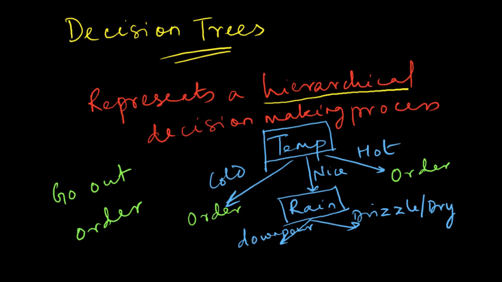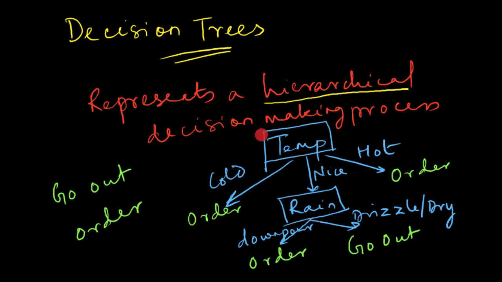And now you may say, if it is a downpour, you will again order, and if it is dry, then you will go out. So this is essentially the thought process behind decision tree algorithm, that given a set of features and a set of classes, you would want to design a hierarchical structure of this kind, which helps you in categorizing your given input data point.